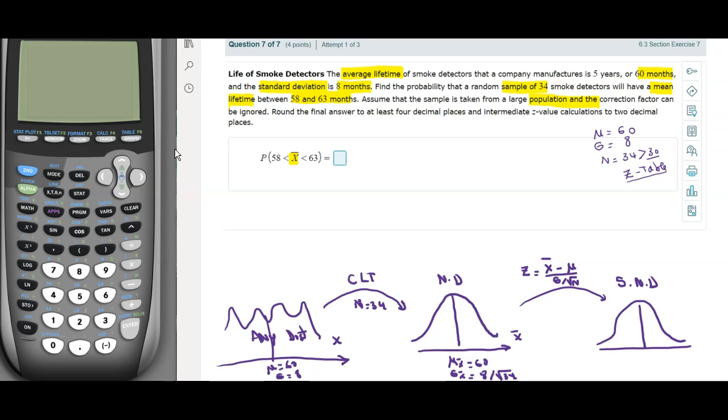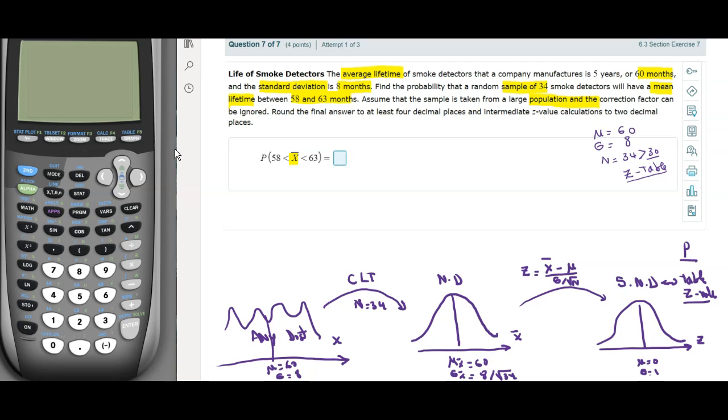This is the formula we are using. Once you standardize, you get z values. The mean would be 0, sigma would be 1, and the standard normal distribution always comes with a table, which gives the z values and the probability.